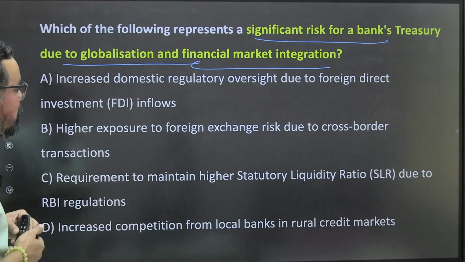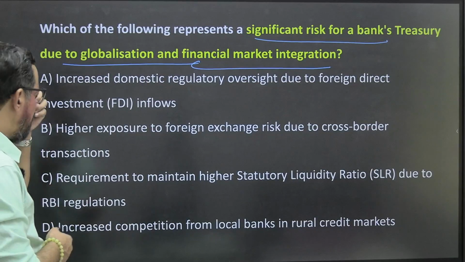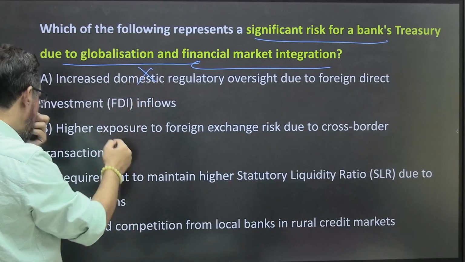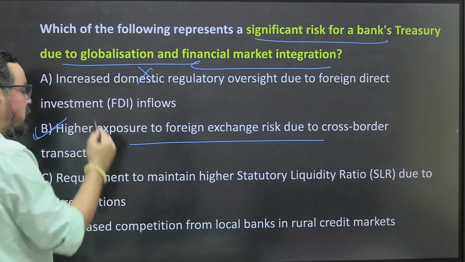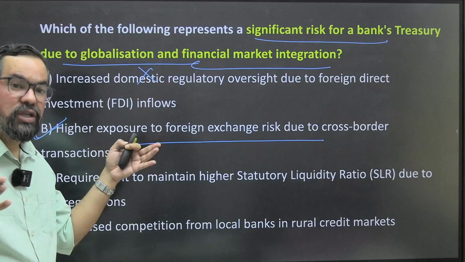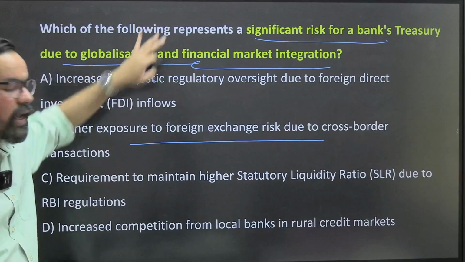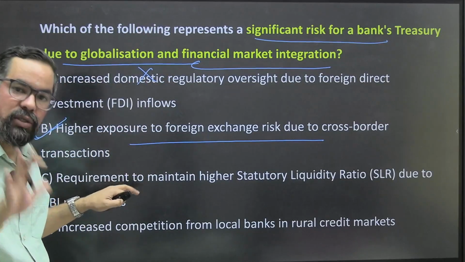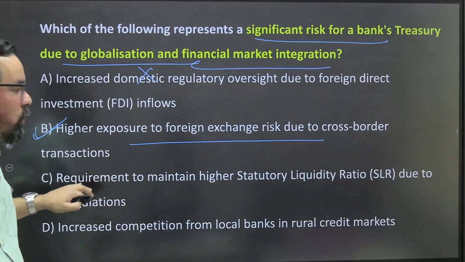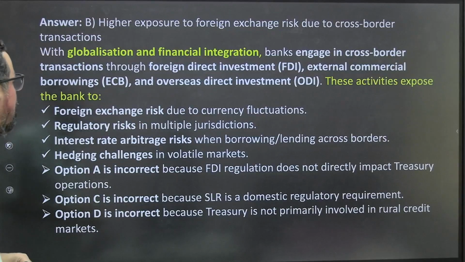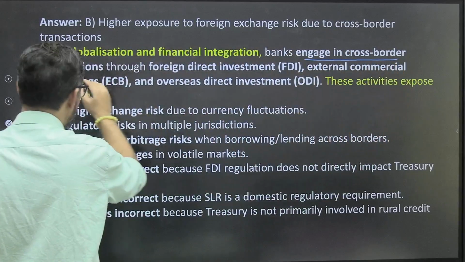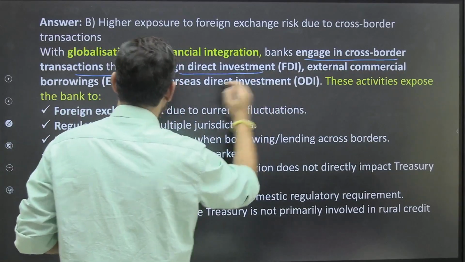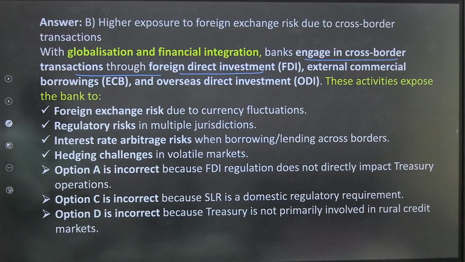So increased domestic regulatory oversight due to foreign direct investment, no. Higher exposure to foreign exchange risk due to cross-border transactions, yes. Your treasury has positions in multiple currencies. If a situation like systemic risk happens, it is definitely going to impact your positions. With globalization and financial integration, banks engage in cross-border transactions through foreign direct investment, extended ECBs and overseas direct investment.